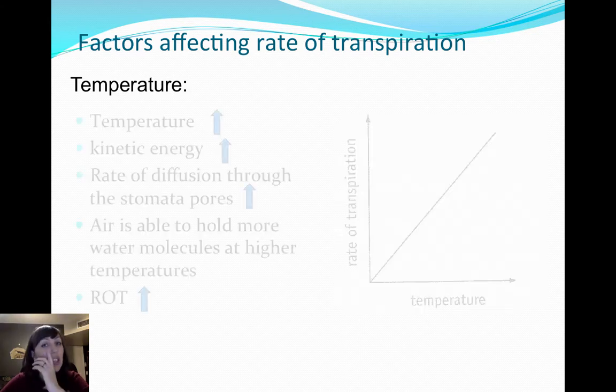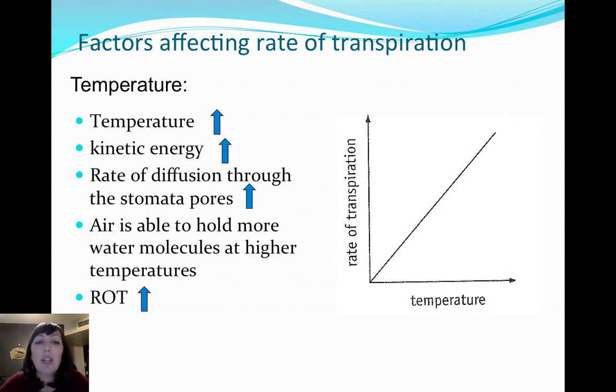Okay, temperature affects the rate of transpiration. When temperature increases, we know based on the kinetic model that energy increases, so the rate of diffusion through the stomatal pore will increase. Air is able to hold more water molecules at higher temperatures, and so the rate of transpiration increases. More energy is just going to equal more rate of transpiration.